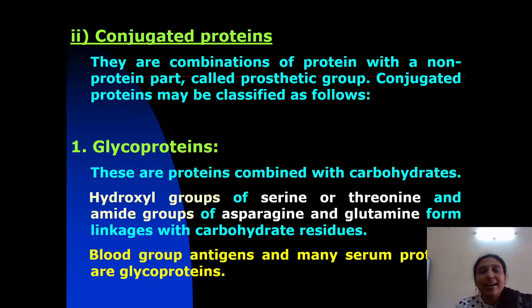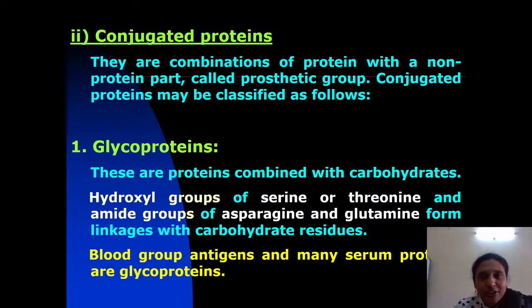If the carbohydrate content is less than 4%, the so formed conjugated protein you can call a glycoprotein. If the carbohydrate content is more than 10%, the so formed conjugated protein you can call proteoglycans, or else mucoprotein.